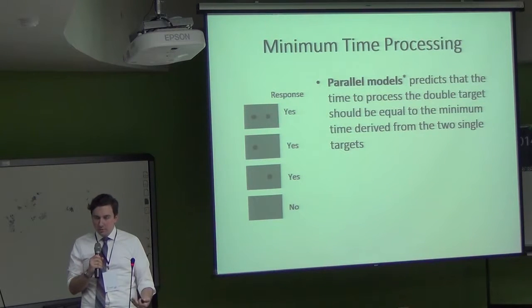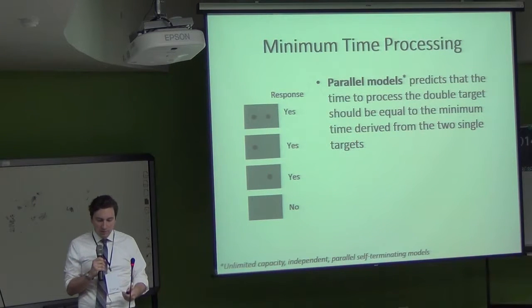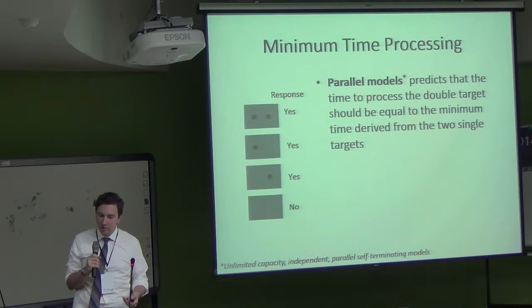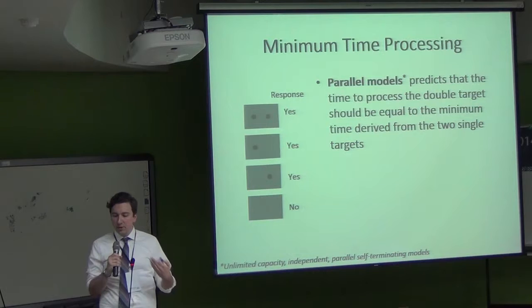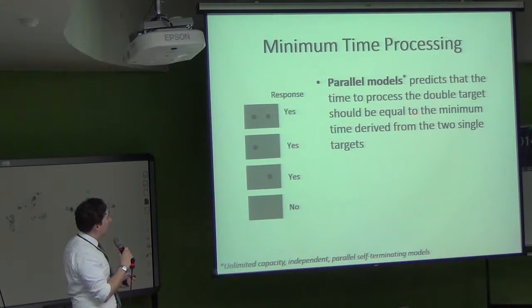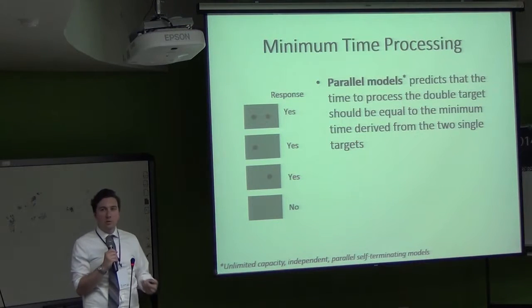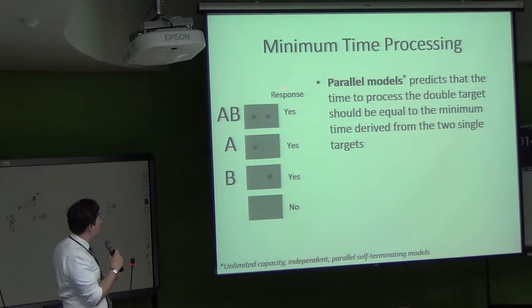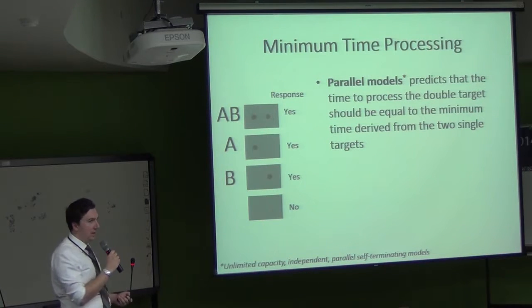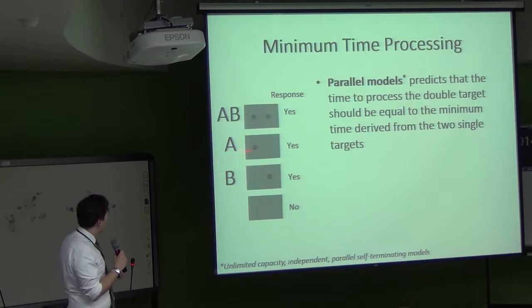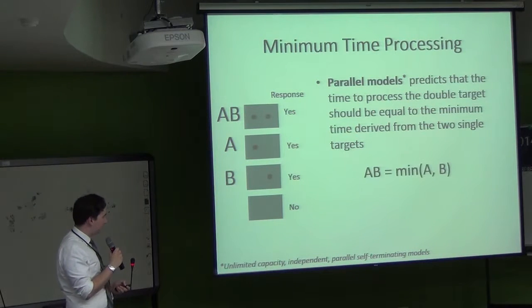So parallel models, a particular type of parallel models, unlimited capacity, independent, parallel self-terminating models, predict that the time to process the double target should be equivalent to the minimum time that you derive from each of the two single targets. So I'm going to specify here that we have a double target, and I'm going to call that A, B, and then we have two single targets, which I'm going to call A when it's on the left and B when it's on the right.